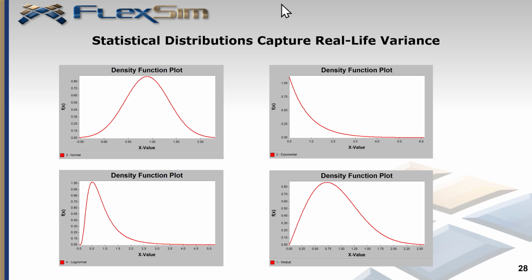So on this slide here, I've got an example of 4 different statistical distributions displayed in what we call a density function plot. Now, the x-axis on these 4 plots represents the value that the distribution is being used to model. Maybe it's a process time or a setup time or time between arrivals. That's the x value axis.